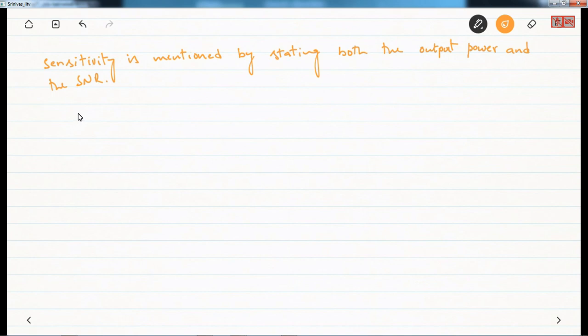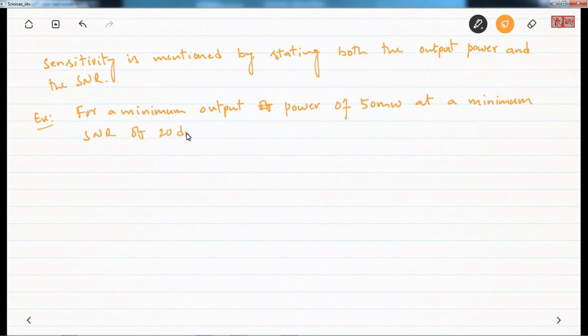An example is something like this: for a minimum output power of 50 milliwatt at a minimum SNR of 20 dB, this receiver requires 10 microvolts.